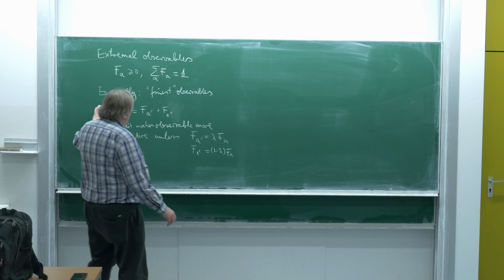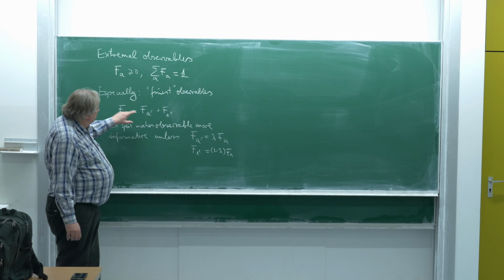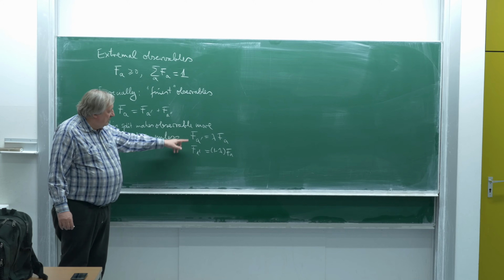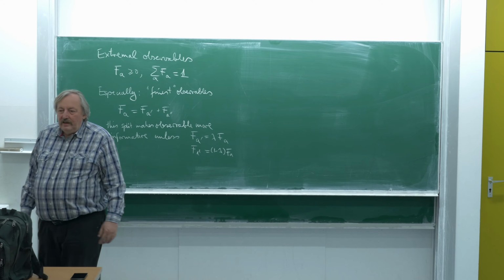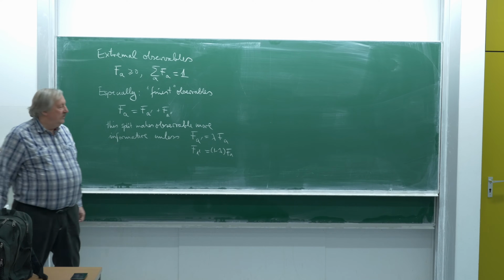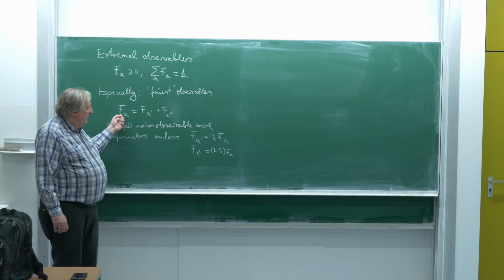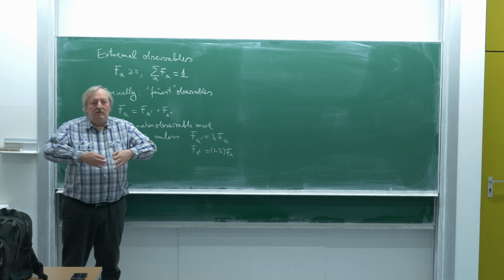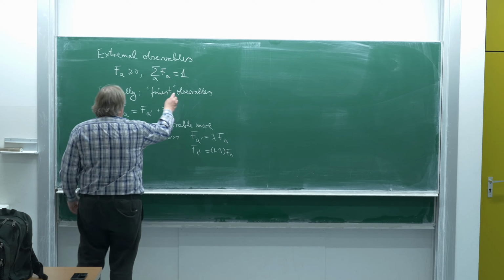But this condition, splitting as long as you can until you hit operators that you cannot split in a non-trivial way any further, is exactly looking for the extreme rays. Right? So we're just going for the extreme rays of the cone. So if any one of these F_A is not extremal, you can do the splitting and get a more informative observable this way. Right? And this is why we're interested in the finest ones.